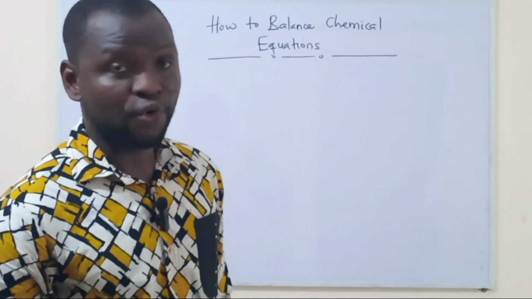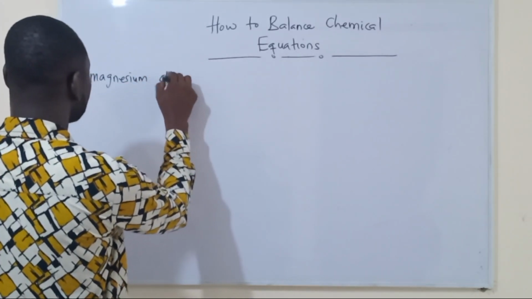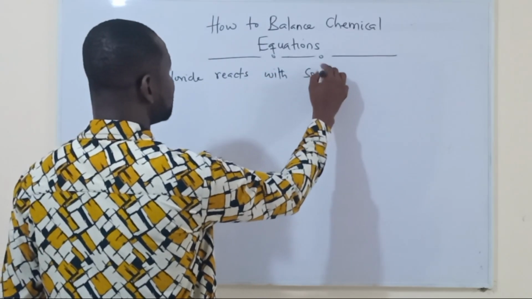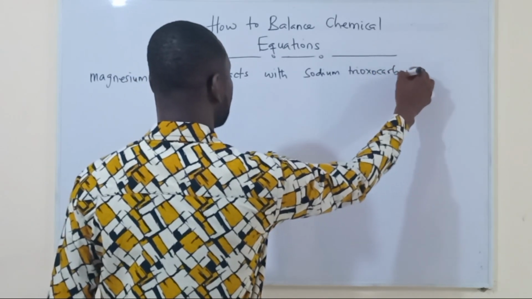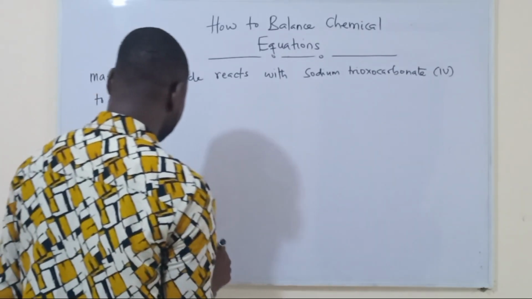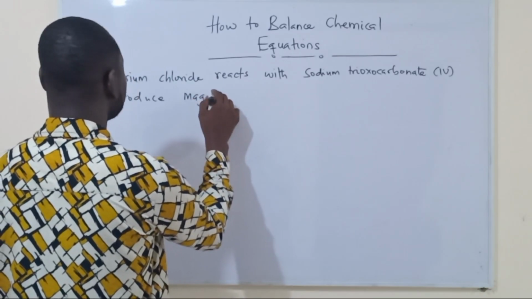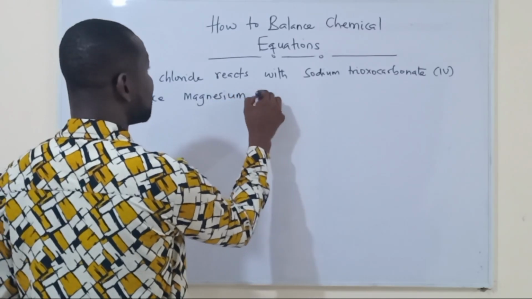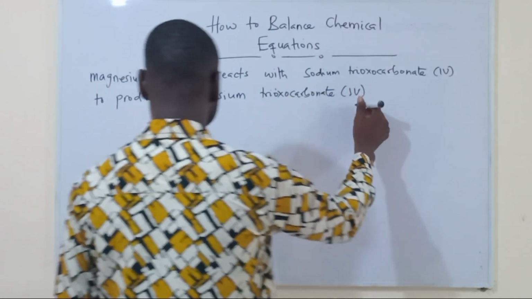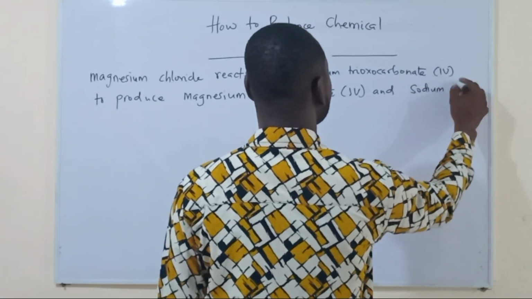This time we are using a word equation. Magnesium chloride reacts with sodium trioxocarbonate 4 to produce magnesium trioxocarbonate 4 and sodium chloride.